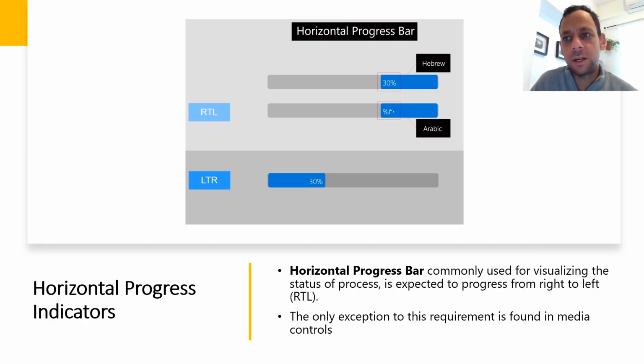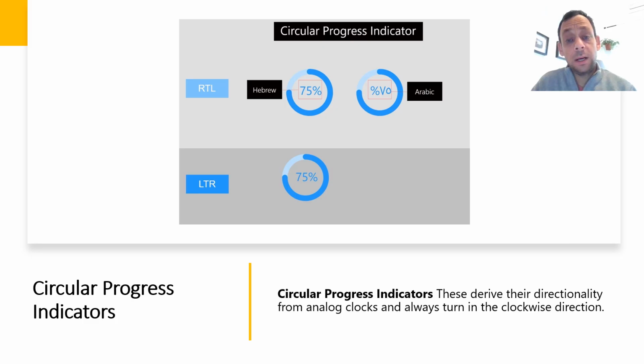There's a little bit of a difference there. The Arabic percent symbol is going to be placed to the left, and on Hebrew it's just like English, it's on the right. Circular progress indicators have to be displayed in a clockwise manner, and so no differences there, again with the exception of the percent symbol representation if you have one displayed.